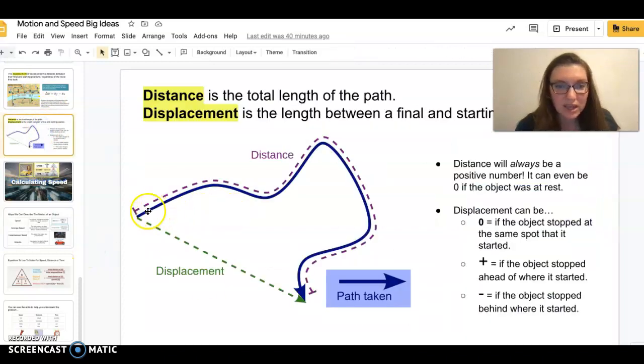You can imagine that in this example, if a car drove from here to here in a certain amount of time, and this car also started and stopped at that same time but traveled that same distance, this car would have to travel a lot faster to cover that same distance, right?